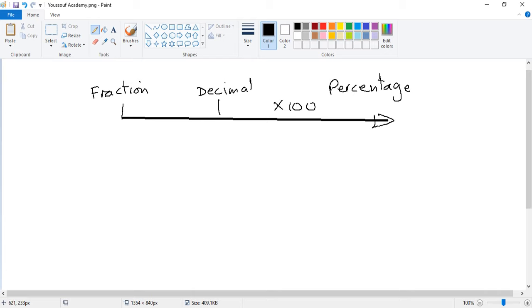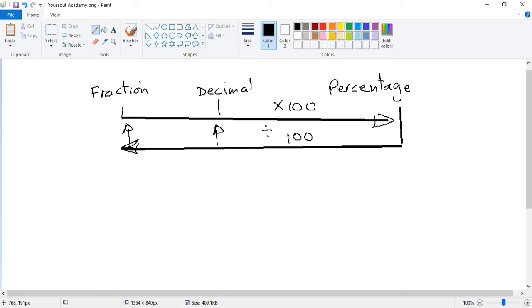And if we want to convert percentage to fraction or to decimal, we have to divide by 100.